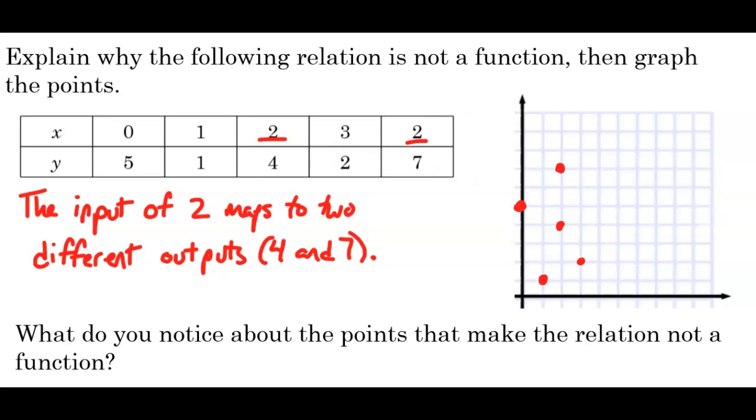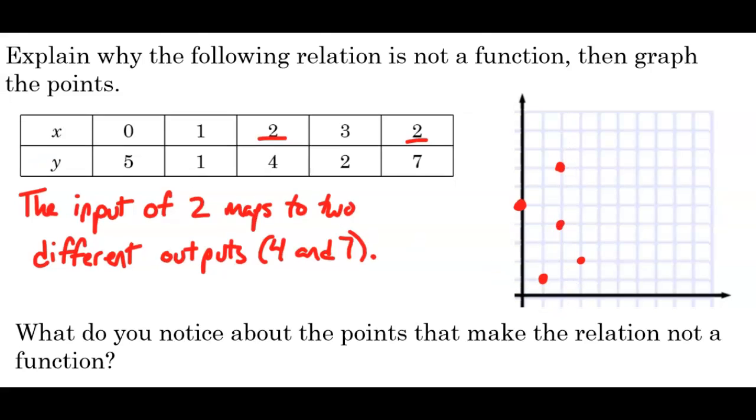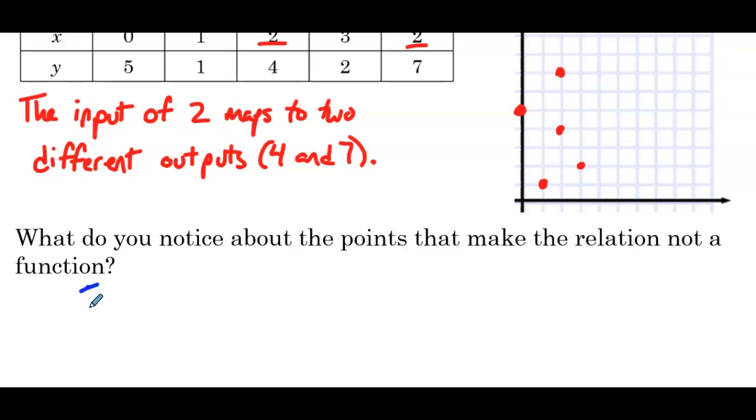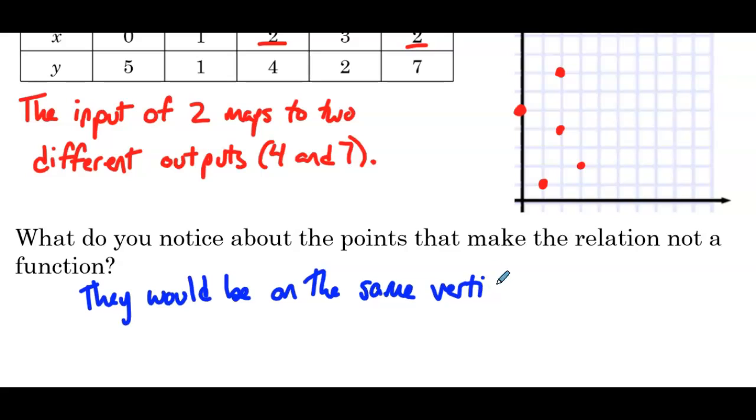So, the follow-up question is, what do you notice about the points that make the relation not a function? So what we notice is they both lie on the same vertical line.